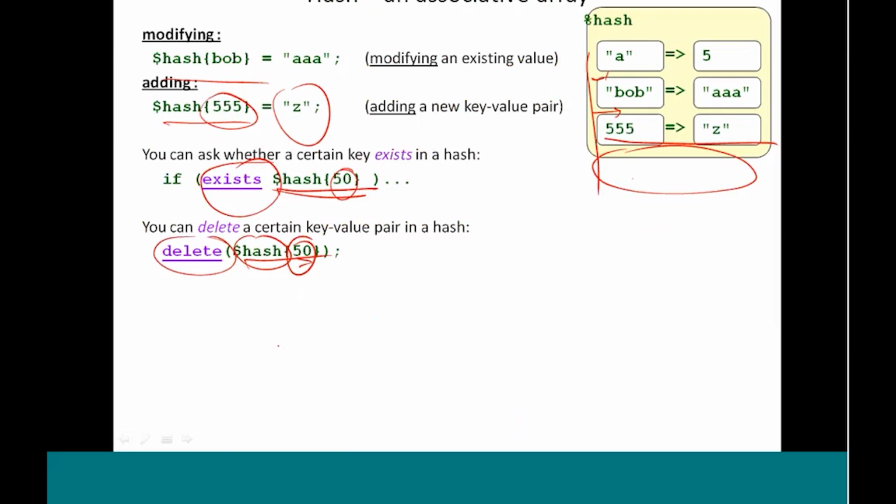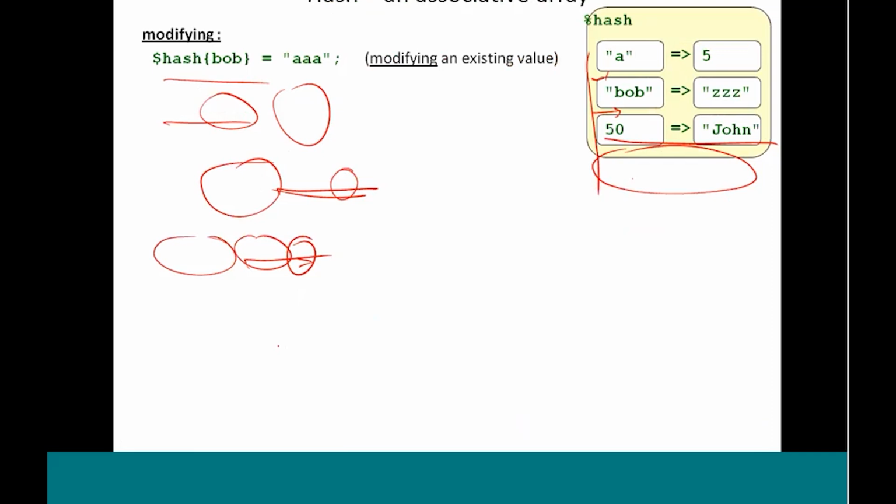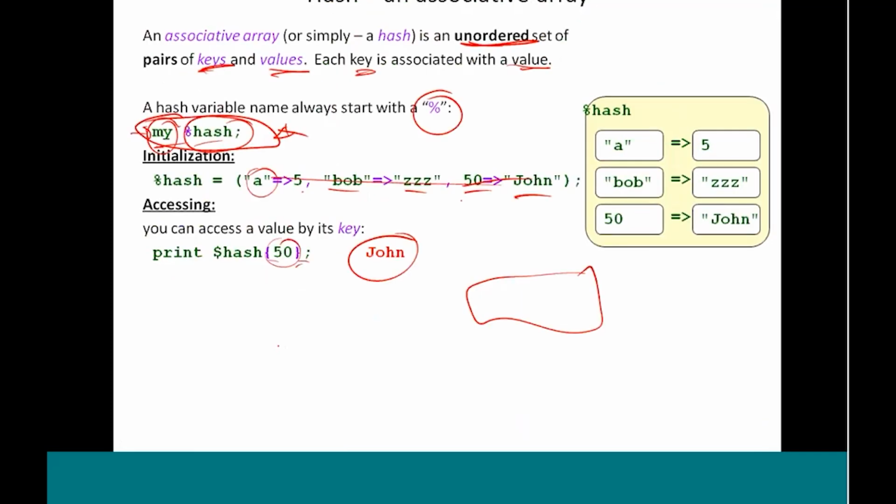Number one thing is we introduced the hash array as a new concept. The key difference between a hash array and a regular array is that a hash array is an unordered set of key value pairs.